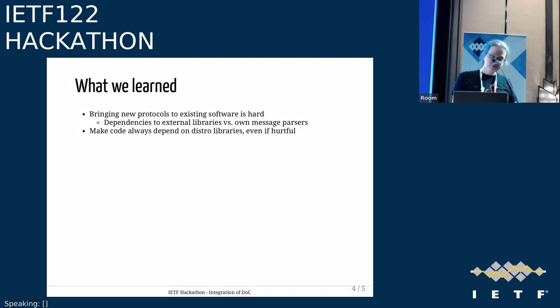So you want to maybe use something like libcoap or something else, but some, not Unbound, but some other implementations were a little bit resistant against this. And if you have these dependencies, you should try to keep it to the distro libraries version and not use the current development version, because we had with DigDoc the case that there was a bug in libcoap, which wasn't fixed in the current release yet, and so there needed to be a very hurtful workaround.